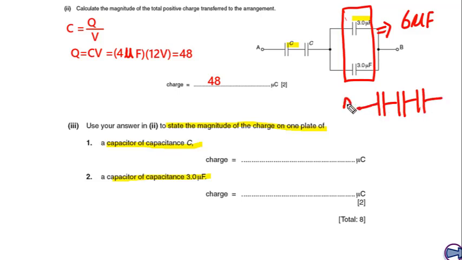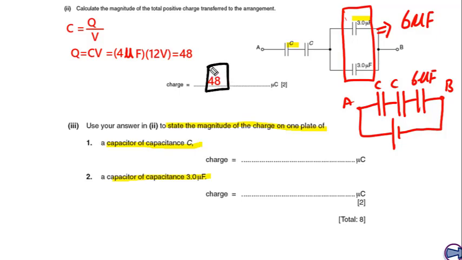So this is terminal A and this one is terminal B. This is capacitor C, and this capacitor has capacitance equal to 6 microfarads. We can also connect a battery here, so you can easily understand what is happening. Now, as you can see here, the total amount of charge we have already calculated in this setup.